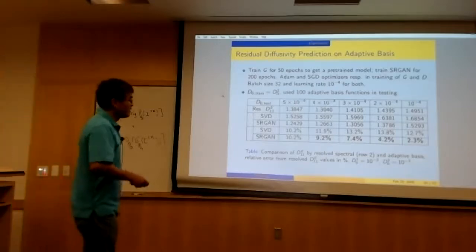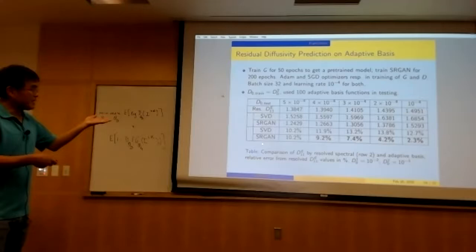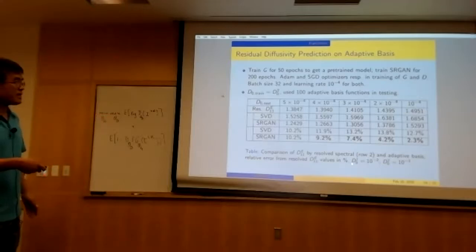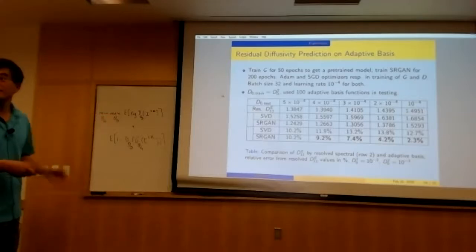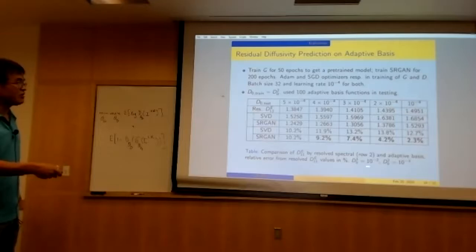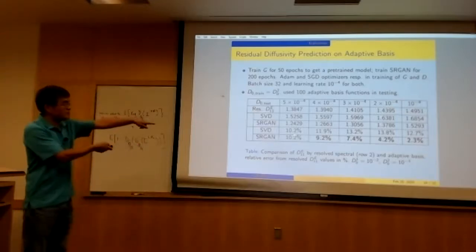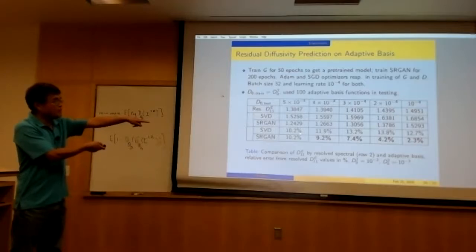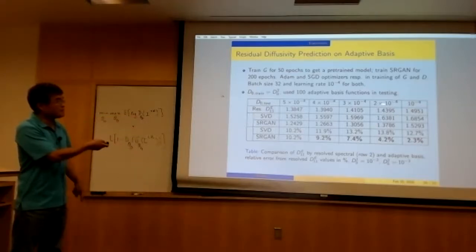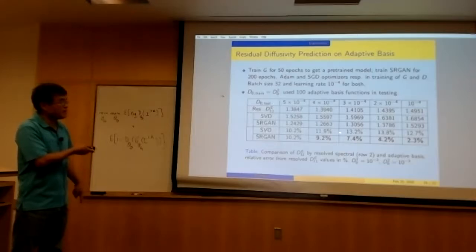And for the deep network, we also collect observation at 10 to the minus 2. Remember, we need 2 observations, and then construct the mapping and learning over here, from here to here. And then you can compare the results. It's easier to look at the relative error of these two methods. As you see, as D0 gets smaller, with the SVD, the standard POD, the errors increase, as they are usually expected to.